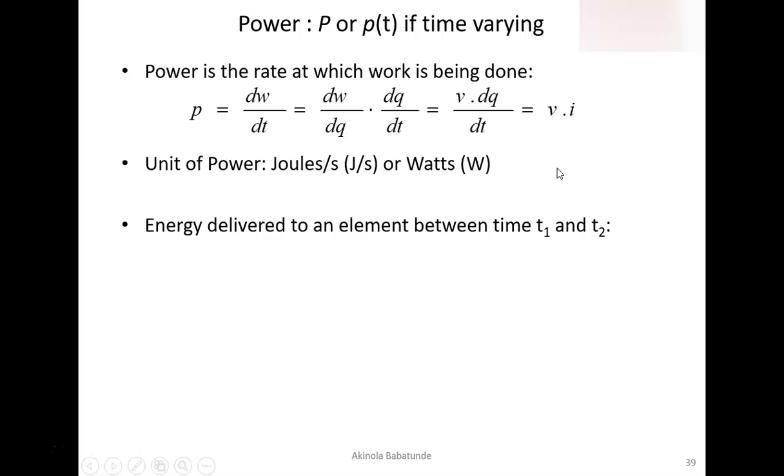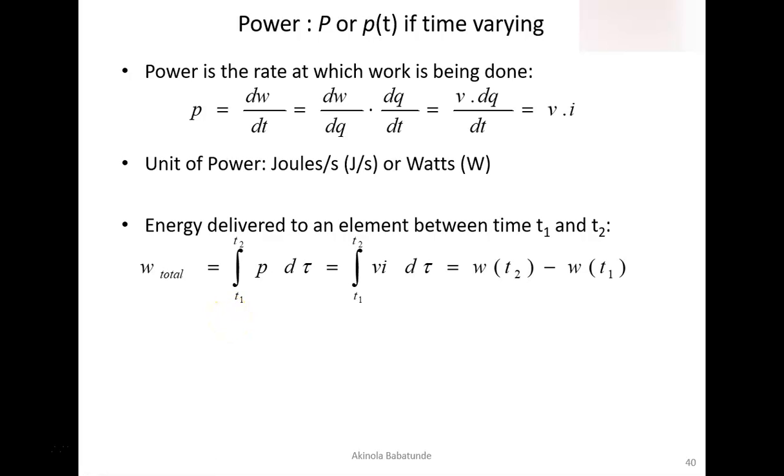Energy delivered to an element between time 1 to 2 can also be calculated. So you use our integral function to do that. When we have time 1 and time 2, and we have energy being delivered to an element from time 1 to time 2, work done or energy can be calculated as follows: the integral of power dt from time 1 to time 2.